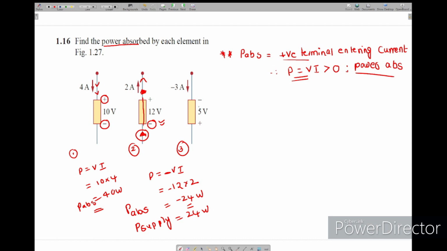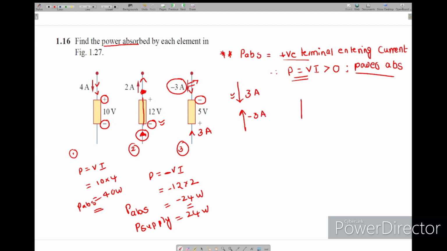So here also we'll see. Now we see here minus 3 amps entering at the negative terminal. If you have any confusion, we can write minus 3 amps like this, I can write plus 3 amps like this. So simply I have changed it. See, in network theory, the direction of the current like this means minus 3 amps. This conversion we can use.